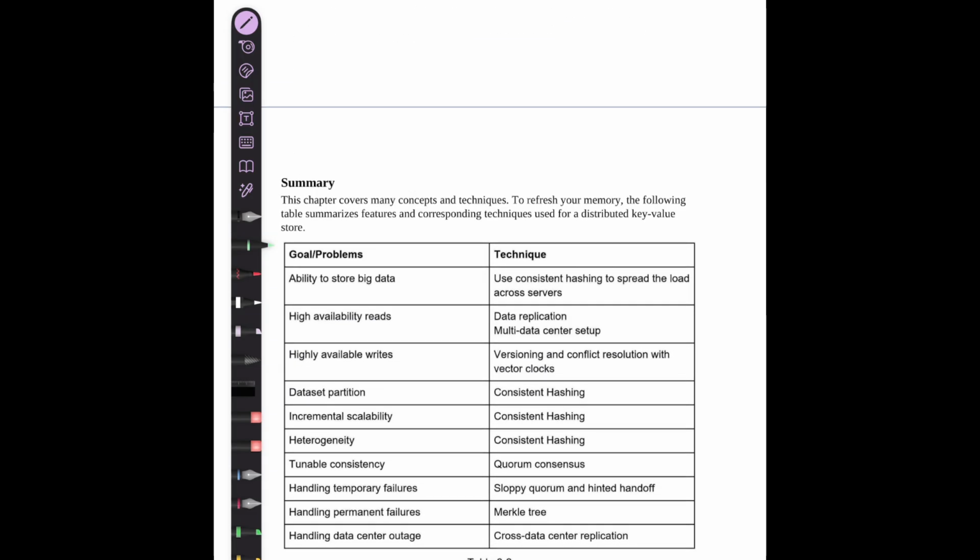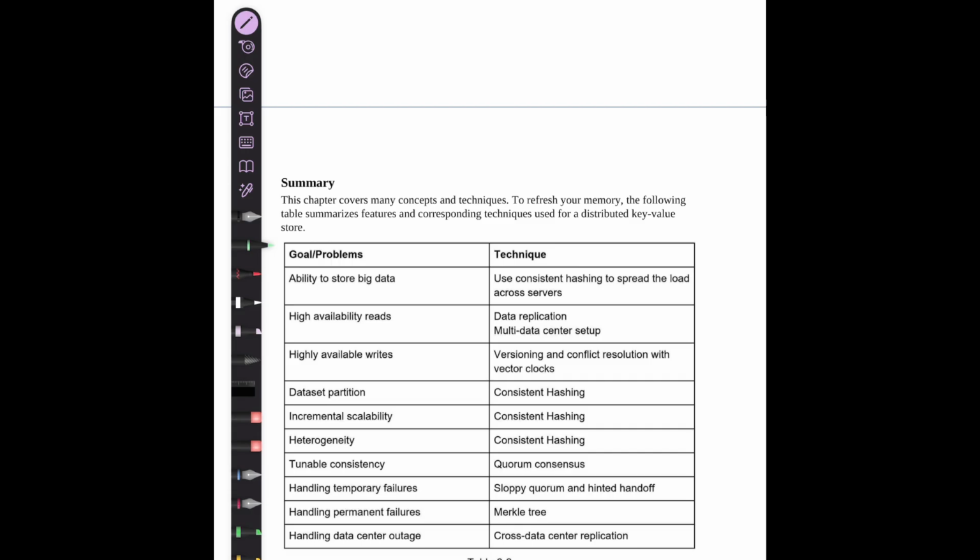So overall, if you realize what we have read through, we have read through the concept of a key value pair. What is a key value pair? Then we went through the CAP algorithm, where at most two of them can come into place. Then we understood how you store the data on multiple servers. What happens when a node becomes dead? Hinted handoff occurs. What happens if there's a permanent failure?